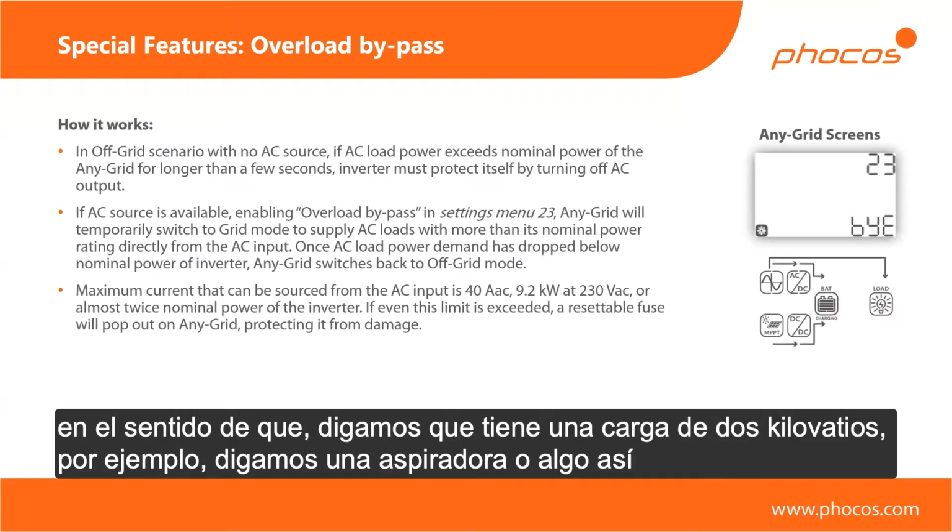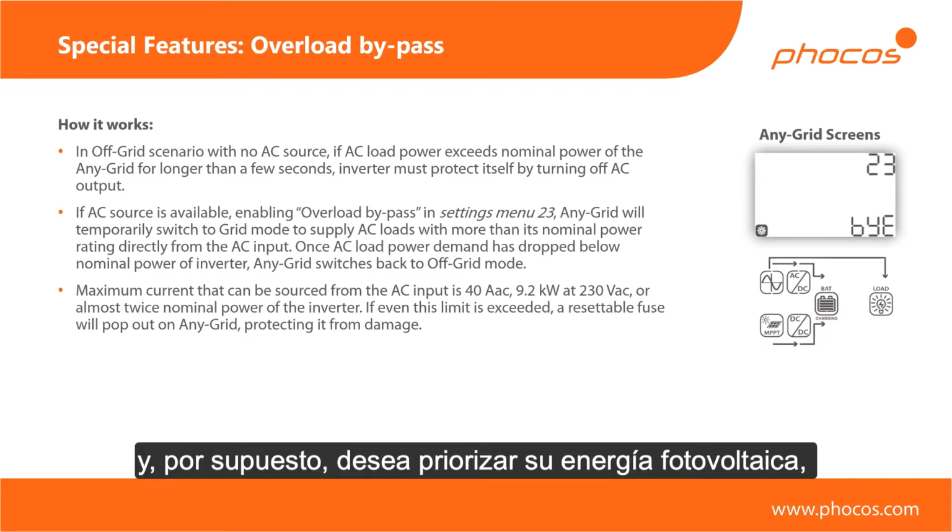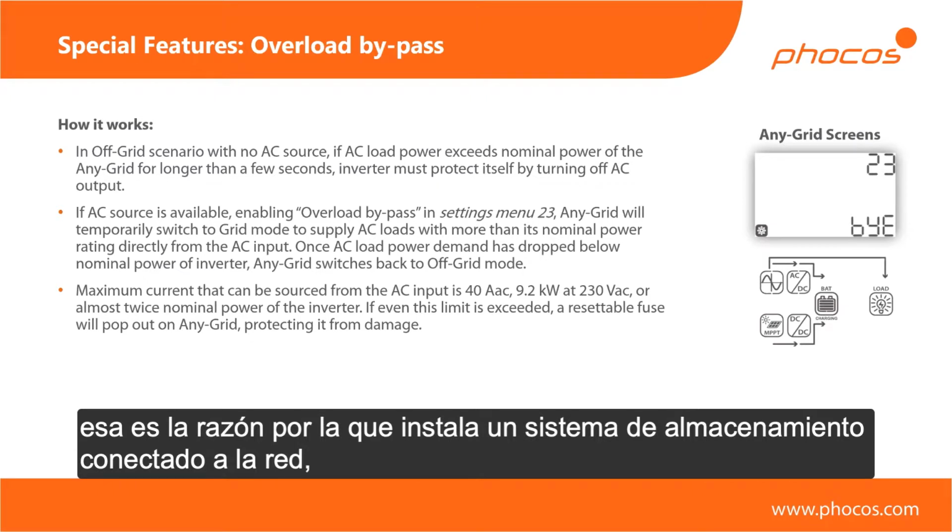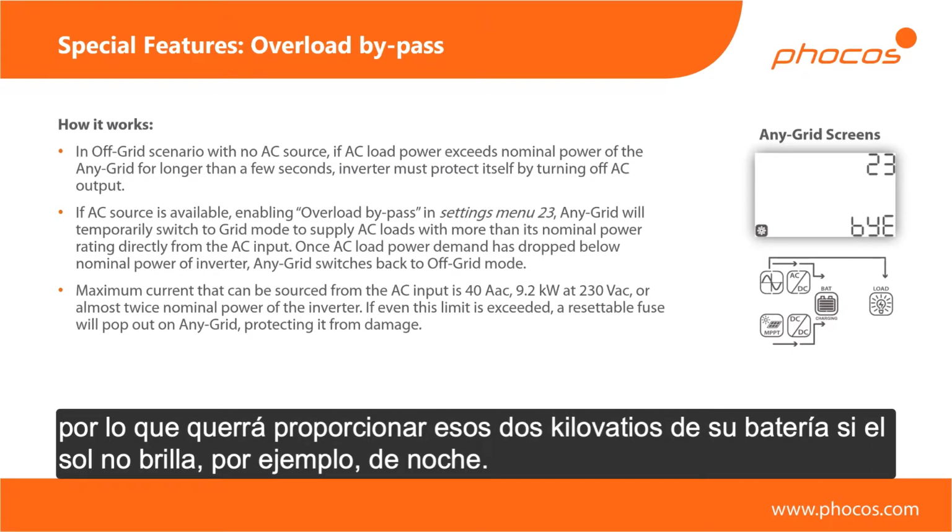In the sense that, let's say you have a 2 kilowatt load, for example, let's say a vacuum or something. And of course, you want to prioritize your PV power. That's typically the reason why you install a grid-connected storage system. So you will want to provide that 2 kilowatts out of your battery if the sun isn't shining, for example, at night.